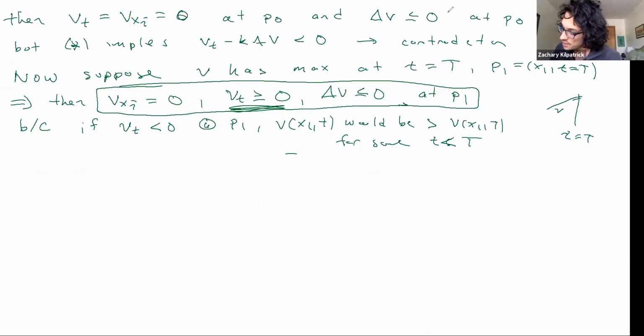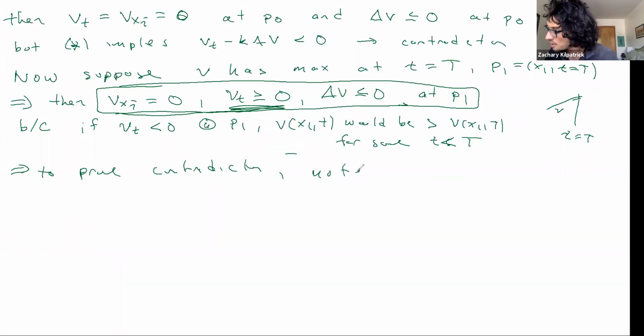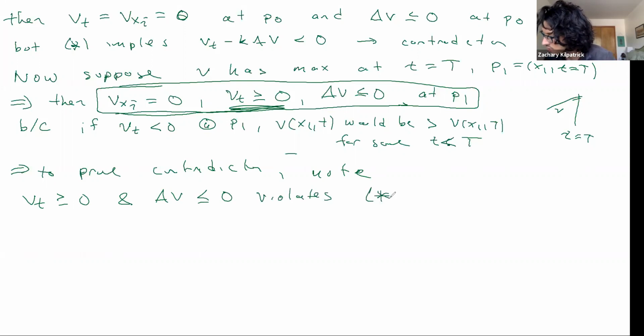So then if we have this, to prove a contradiction, note that v sub t greater than or equal to 0 and Laplacian of v less than or equal to 0 again violates our condition star, right?